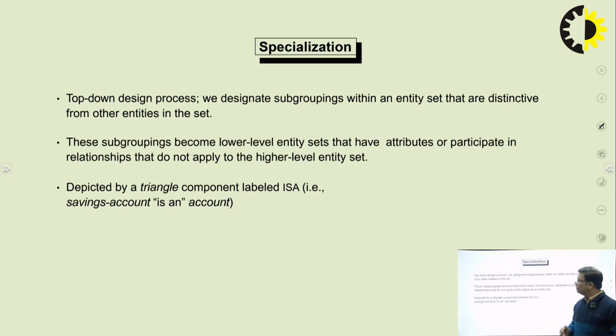It is a top-down process, and we designate subgroupings within an entity set that are distinctive from other entities in the set. These subgroupings become lower-level entity sets that have attributes or participate in relationships that do not apply to the higher-level entity set.